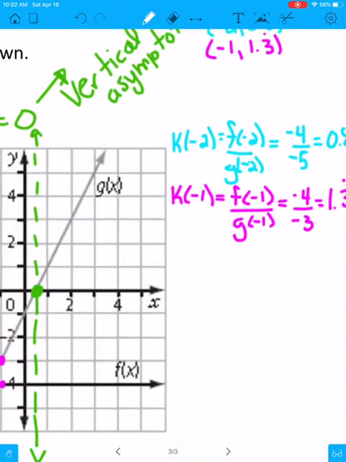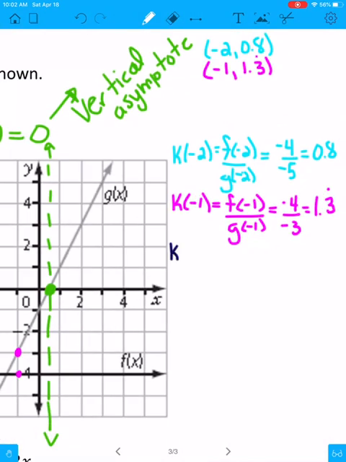Okay, I'm going to do k of 0. So I get f of 0 divided by g of 0. So f of 0 is at negative 4. G of 0 is at negative 1. So that one's at 4. So I have a coordinate at 0 and 4.